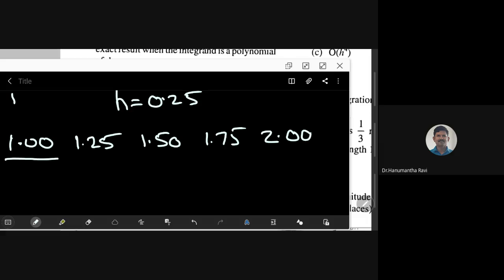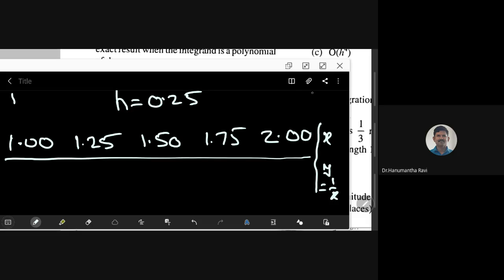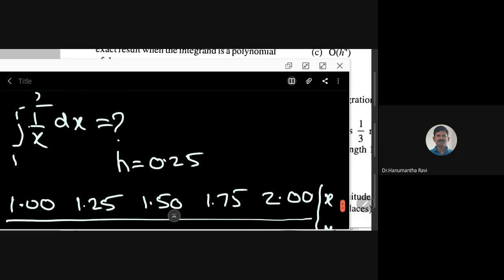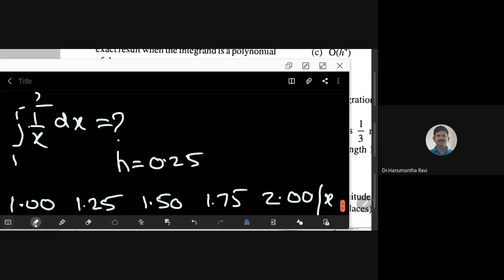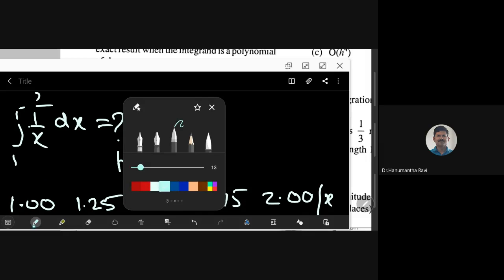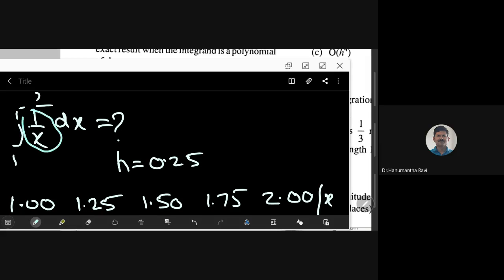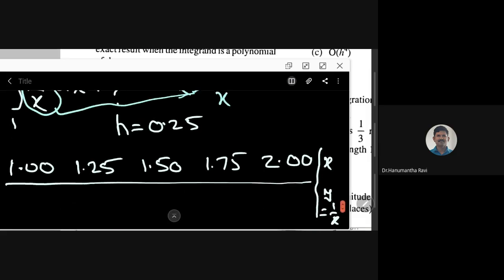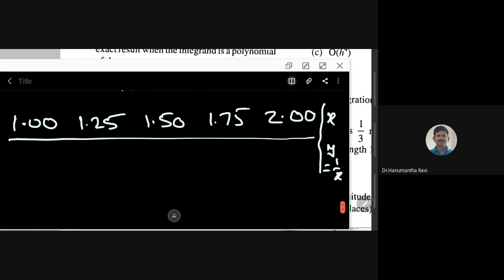So this is your x value. Now you need to write y equal to 1 by x, because the integrand here is 1 by x. So this is nothing but y. In such a case, you need to calculate.